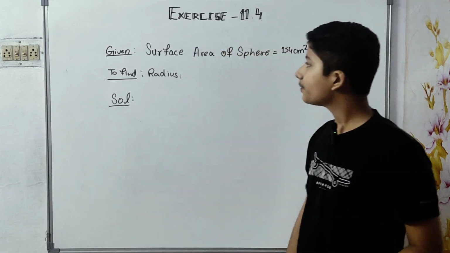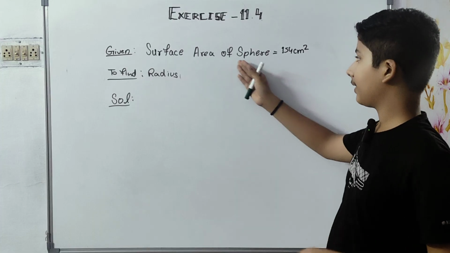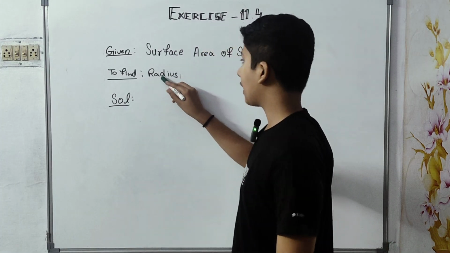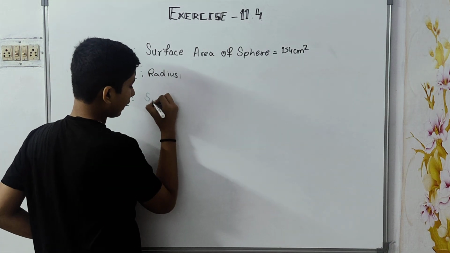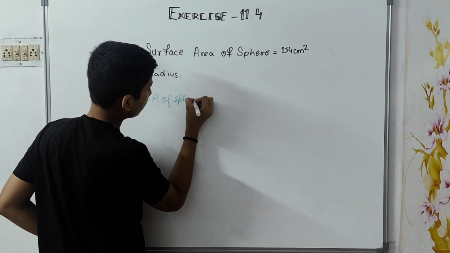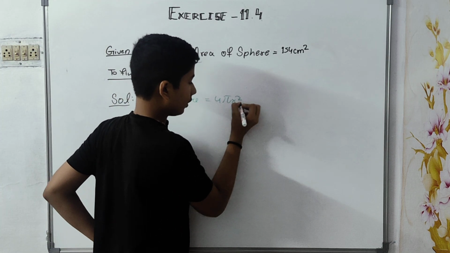Now over here it is given that there is a sphere whose surface area is 154 centimeter square. Now we have to find out its radius. So we know that surface area of sphere is equal to 4 pi r square.